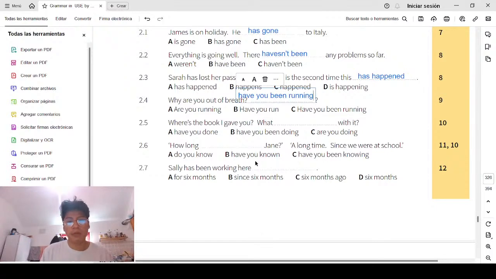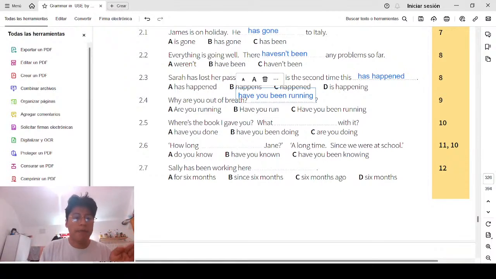Well, it's possible, but the difference between the present perfect and the present perfect continuous is the action. When we talk about the present perfect, we talk about an action that is already finished, already done. But with the present perfect continuous, we talk about an action that happened earlier, previous to the present, but is still happening now.